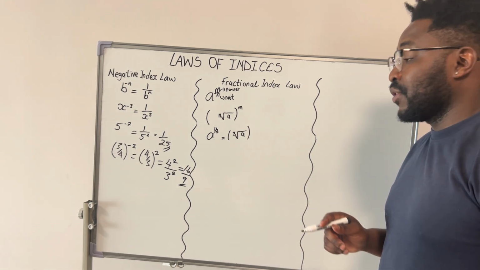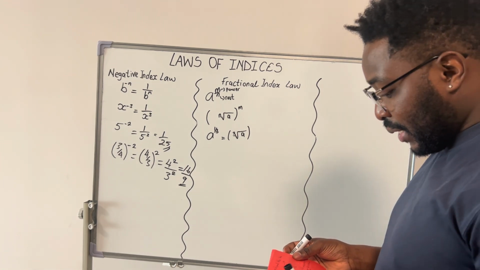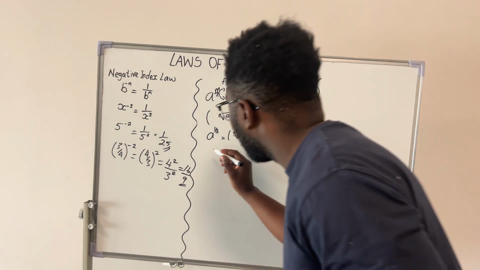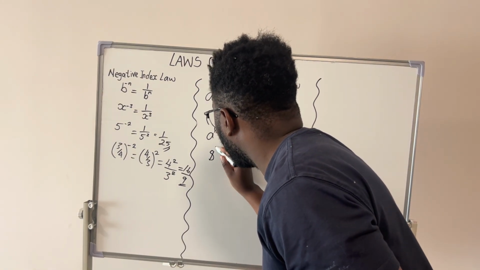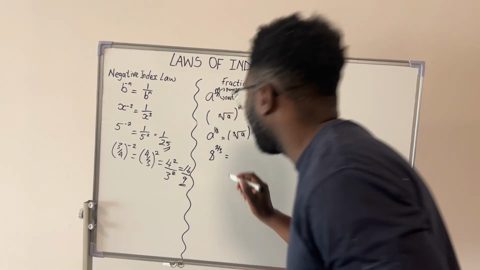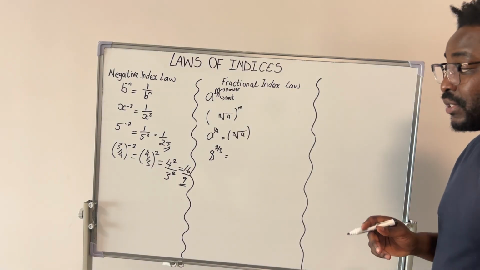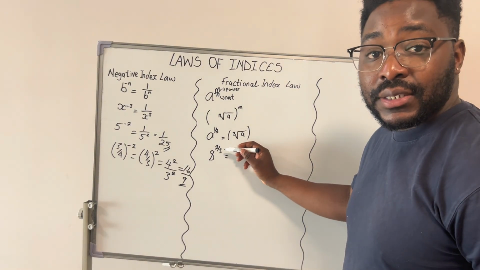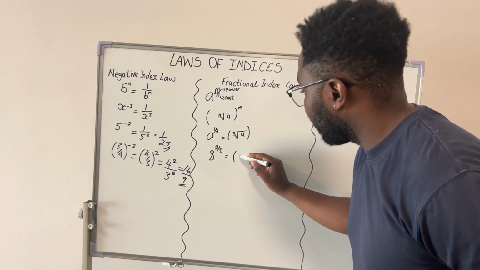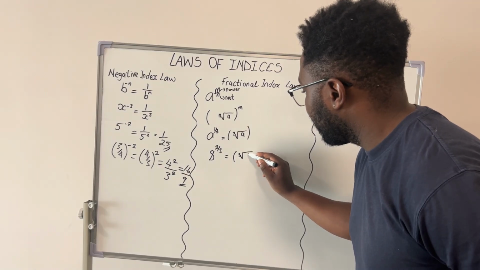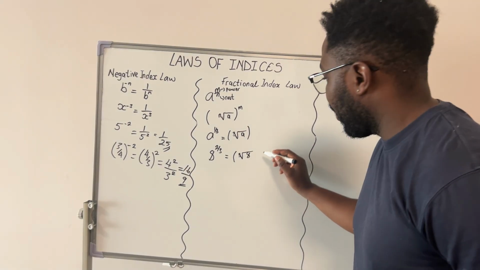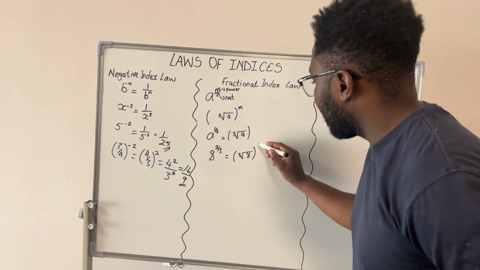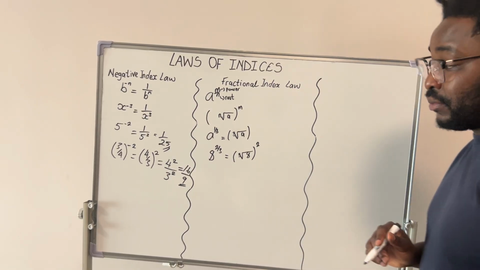Now let's take a look at another example. Let's say we have 8 raised to 2 over 3. The denominator is the root, and the numerator is the power we're raising it to.